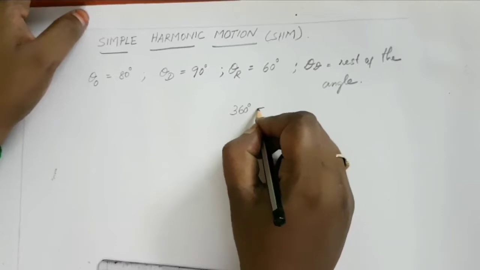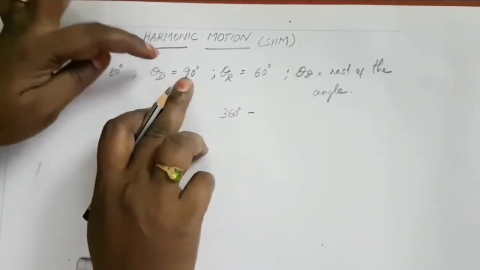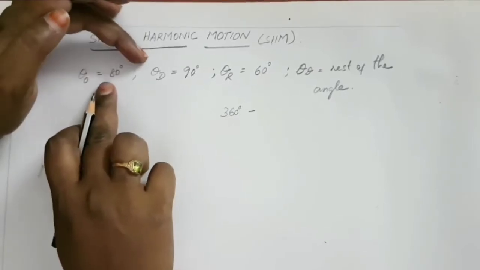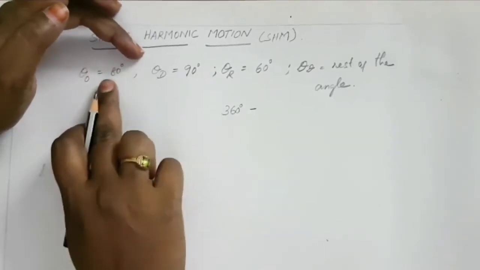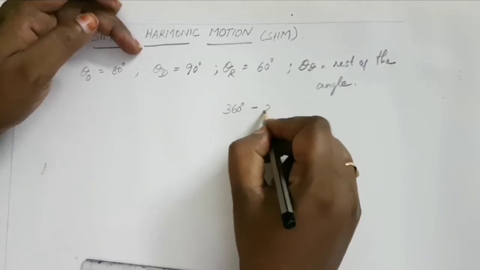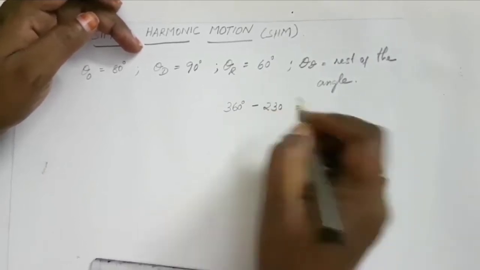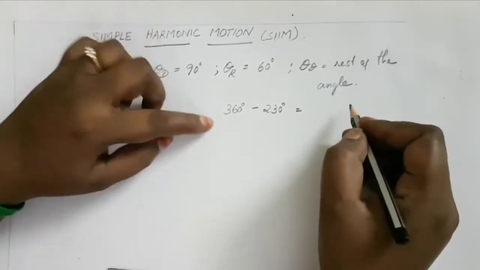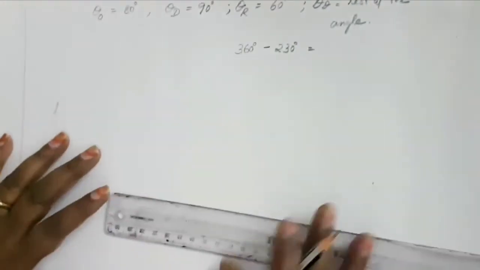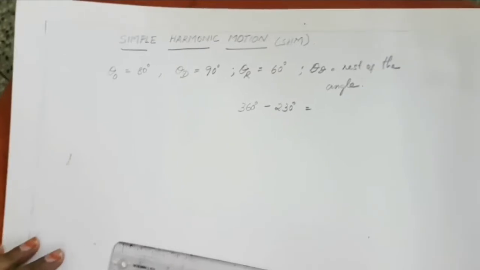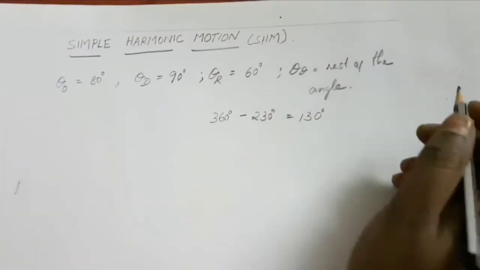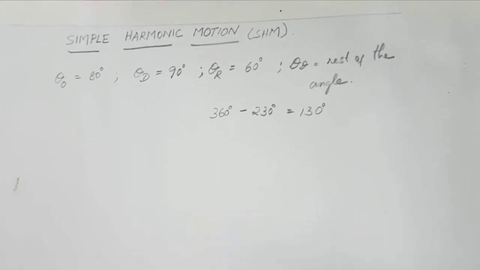So 360 minus these values: 90 plus 60 is 150, 150 plus 80 is 230. Subtracting 230 from 360, you get 130 degrees as the rest of the angle.